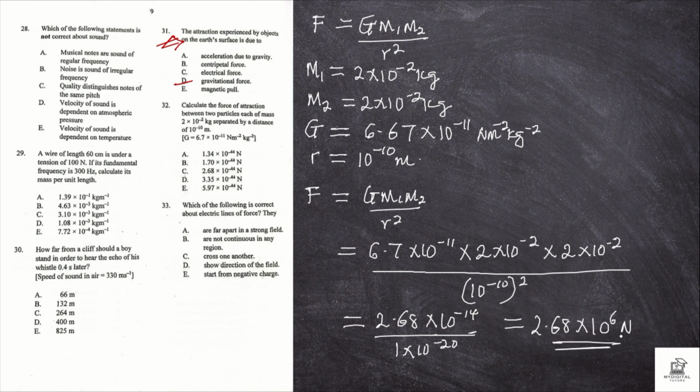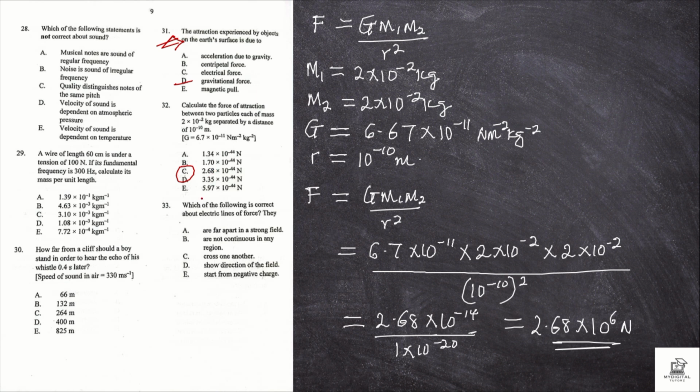The correct answer should be option C, 2.68 times 10 raised to the power 6. I'm convinced the answer is raised to the power 6, right? So that is about that one.